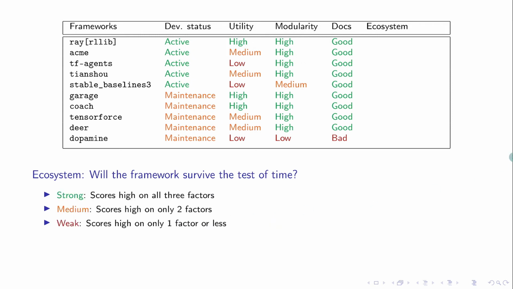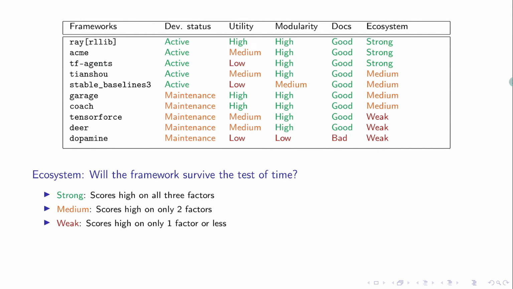It turned out that among the 10 frameworks, Ray Rllib, Acme, and TF Agents have very strong ecosystems, which might favor them in the long run.